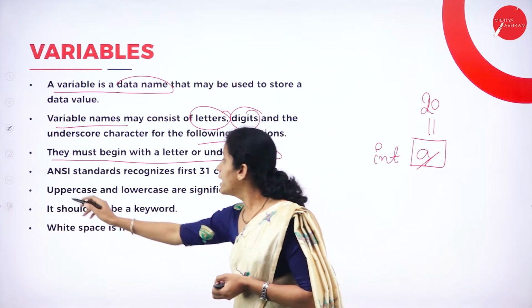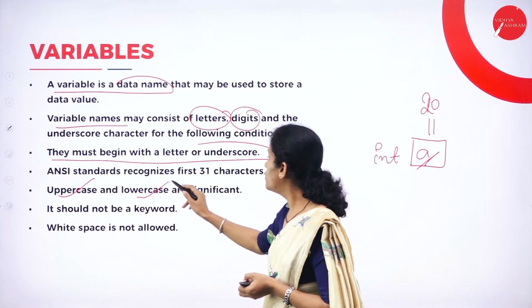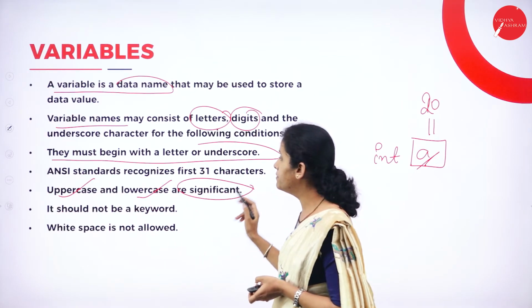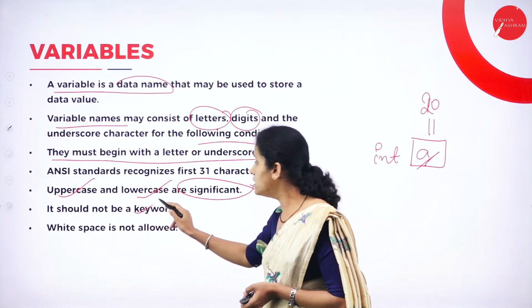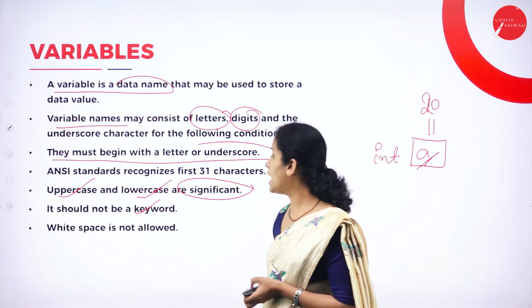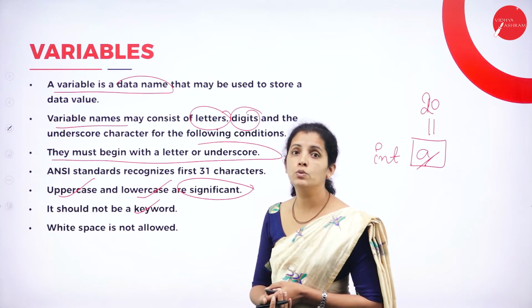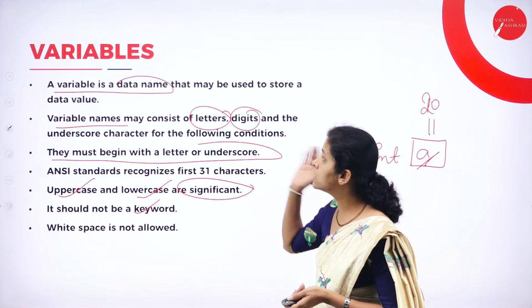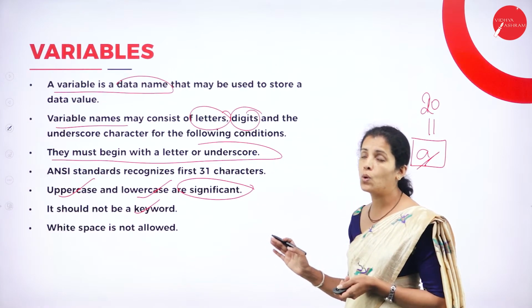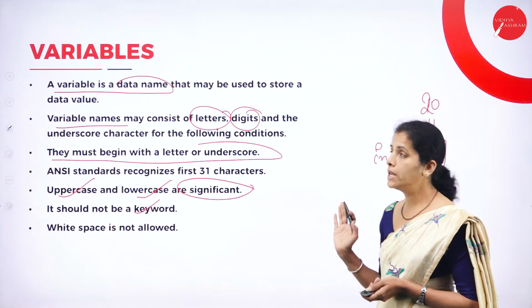Now, uppercase and lowercase are significant, and I cannot use keywords as my variables, and I cannot give white space in variable names. So these are the rules I need to follow while defining variables.